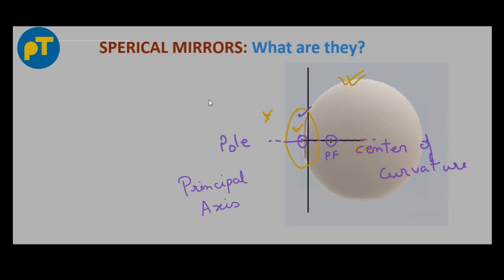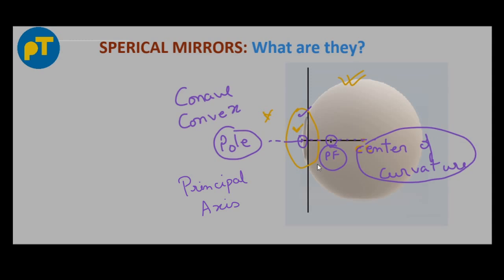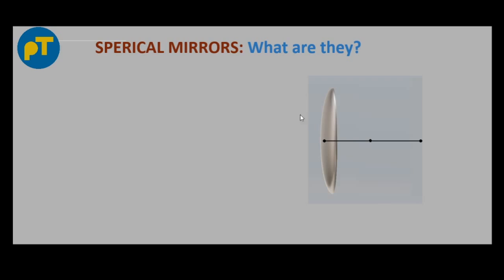For both spherical mirrors, concave and convex, these terms and these points exist. Now I want to show you these points in a three-dimensional representation again. Convex mirror: this is the pole, this is the principal focus, and this is the center of curvature.